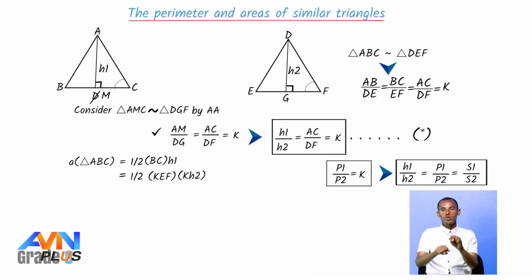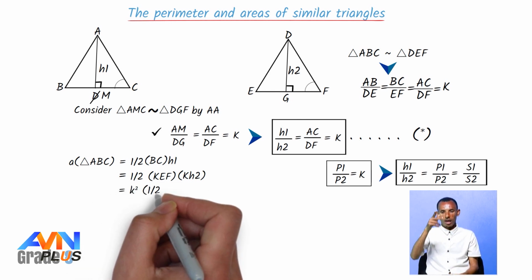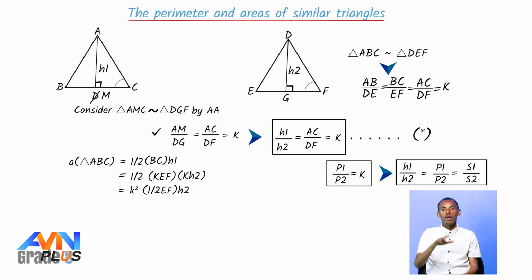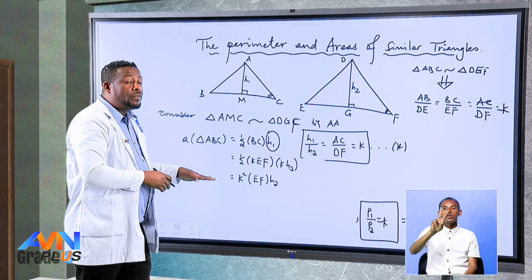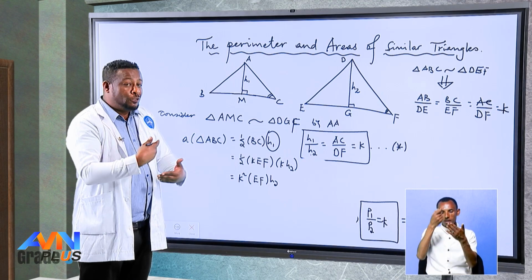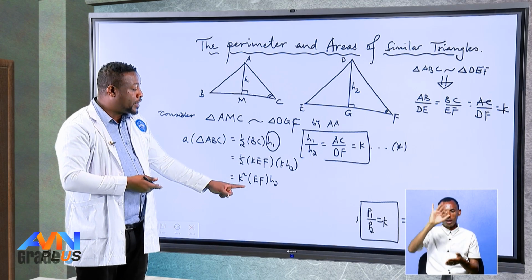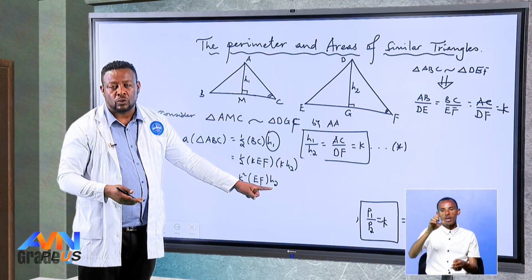So now we have K times K is K squared times EF times H2.